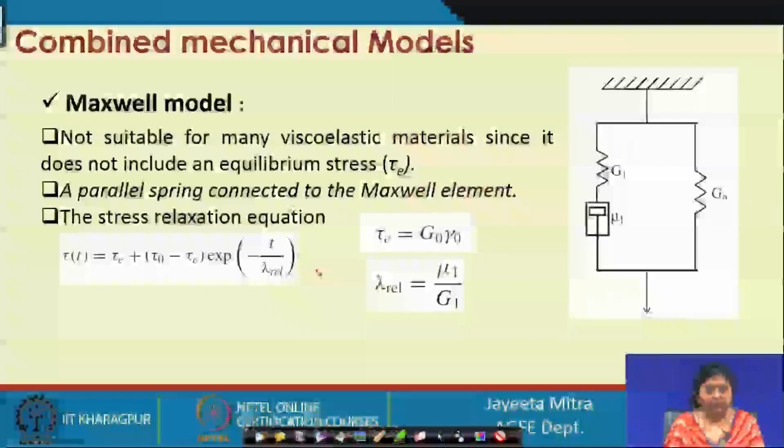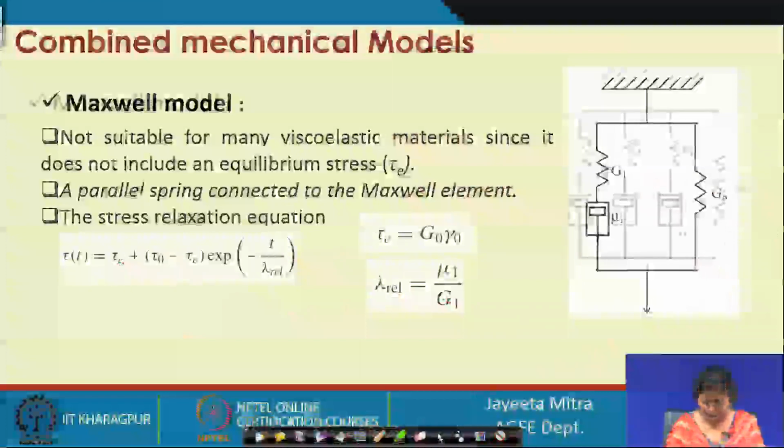So, the stress becoming completely tau 0 may not happen. Therefore, this equilibrium stress concept has been introduced here. Lambda relative is nothing but the relaxation time, and this equation can very well explain the behavior of this combined model.